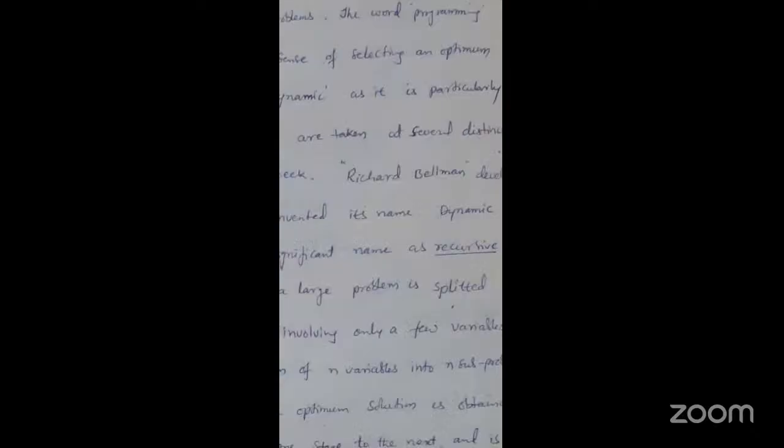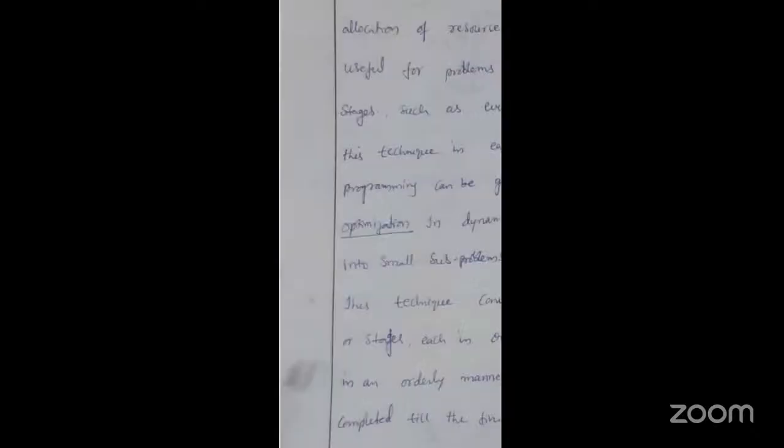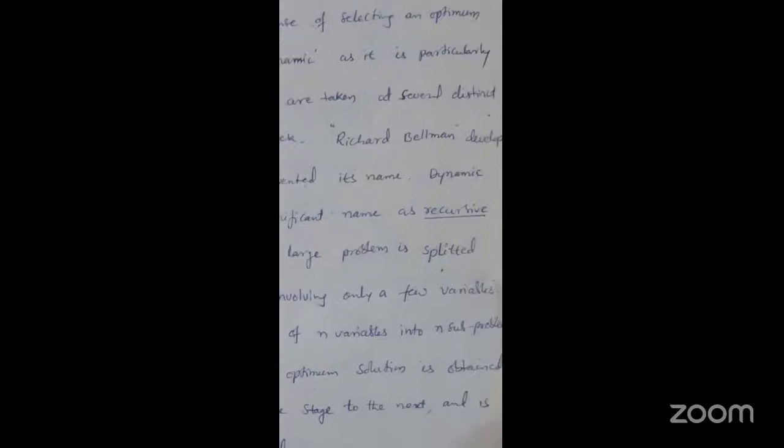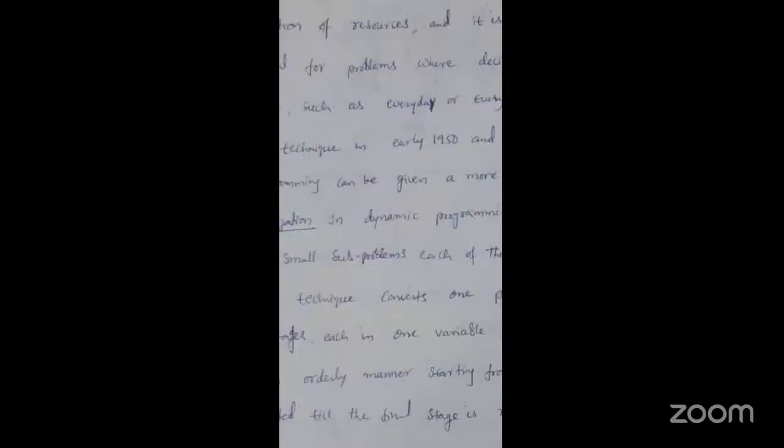The scientist Richard Bellman developed this technique in the early years of 1950 and invented its name, Bellman's principle of optimality. Dynamic programming can be given a more significant name as recursive process or recursive optimization.